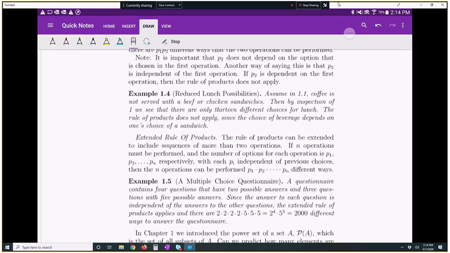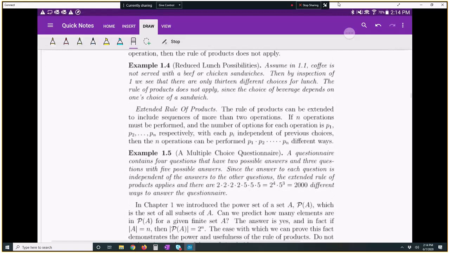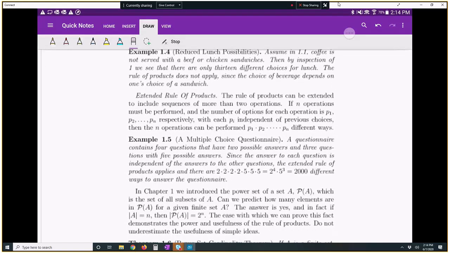There's also an extension of this rule of products if you have a sequence of operations consisting of more than 2 operations. It's going to work exactly the same way. If you have n different operations to perform, and for each of the n operations, you could have p sub 1, p sub 2, or p sub n ways of performing them, respectively, and all of these are independent operations, then you just multiply the number of different ways to complete the process in each step to get the total number of different ways.